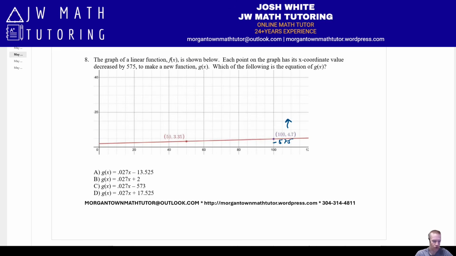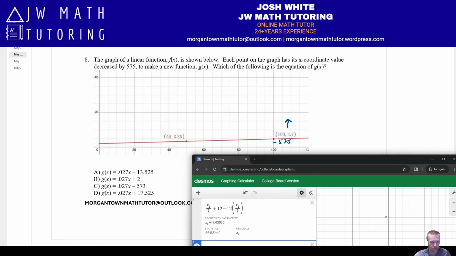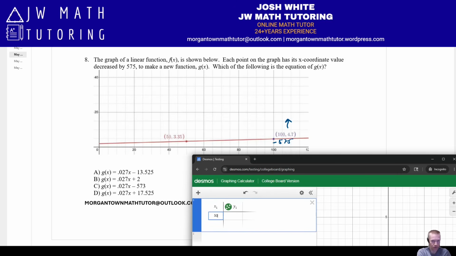All right, so there's multiple ways to do this. First of all, you could go to Desmos, and essentially what you're doing is calculating the slope and the y-intercept, i.e. really the equation of this line.